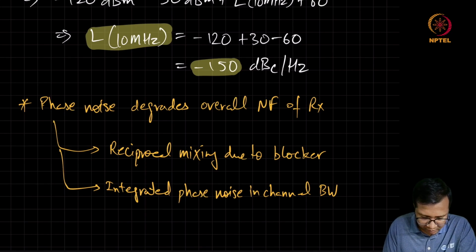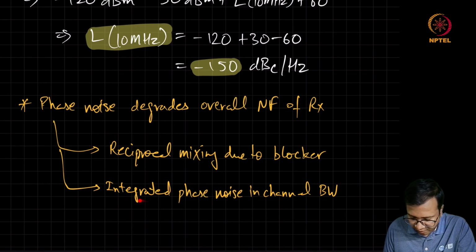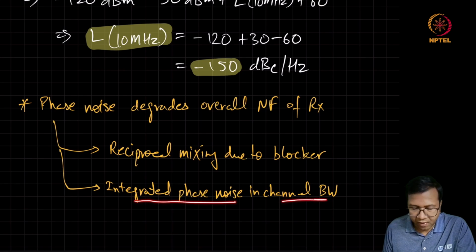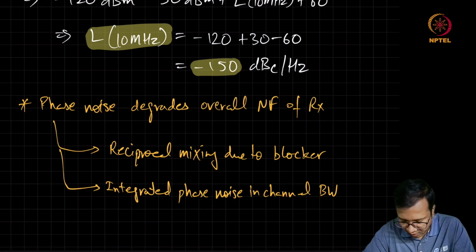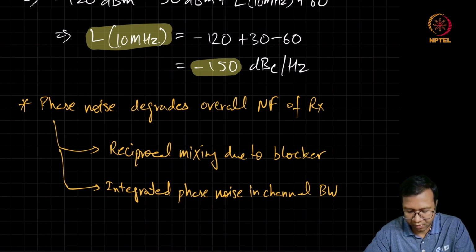But many times you'll find that this integrated phase noise within the channel is going to be much lower than the thermal noise floor, especially when the received signal is very weak.